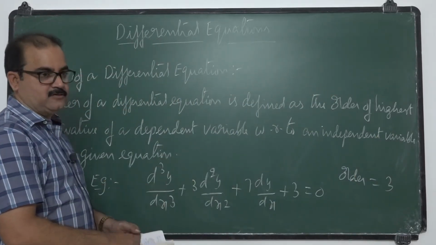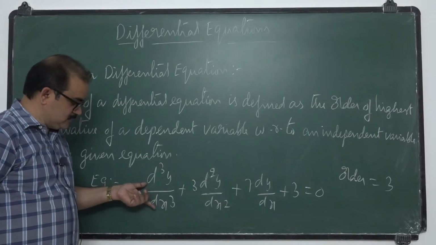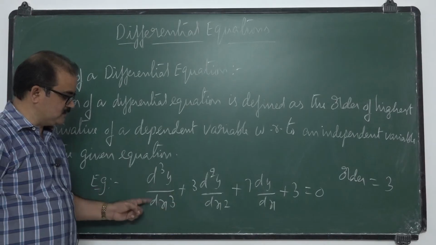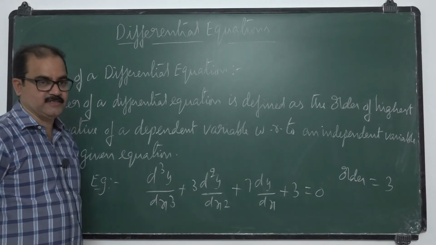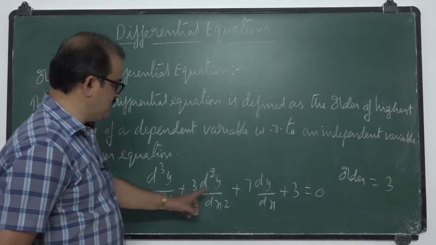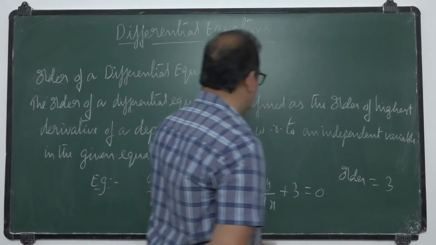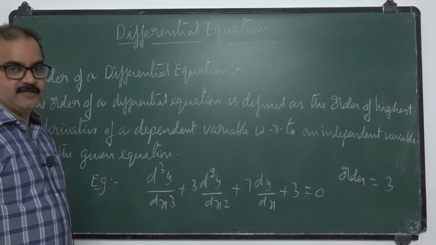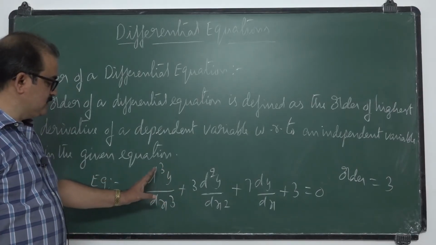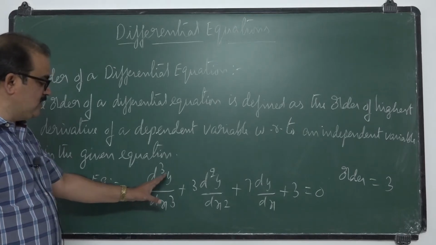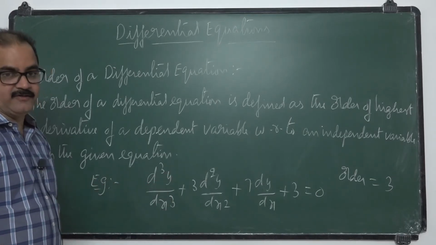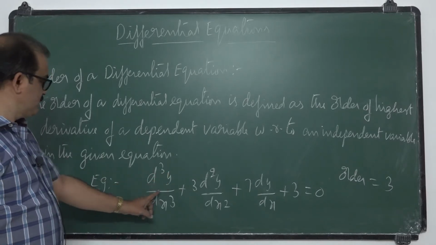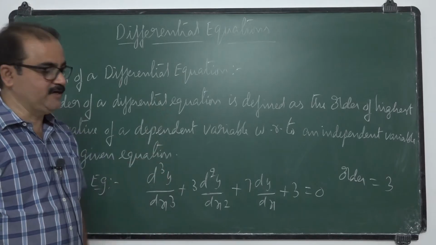Why is order equal to 3? Here the third order derivative is the highest order derivative in the given equation. So the order of this equation is 3. In this way, to find the order of any differential equation, we take which is the highest order derivative in the given equation. The order of that highest order derivative is called the order of the differential equation.